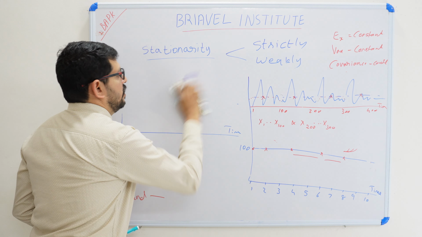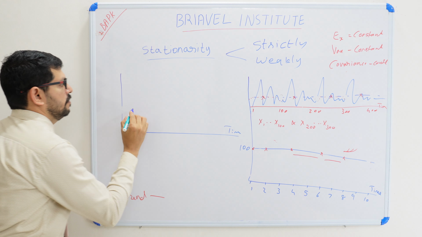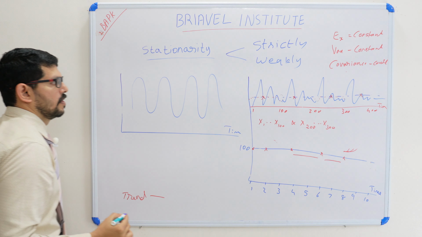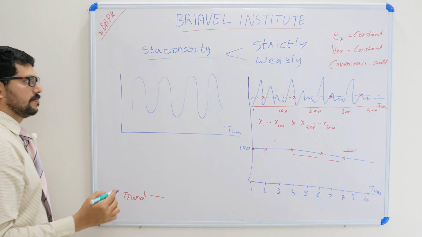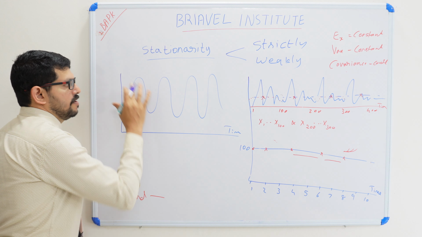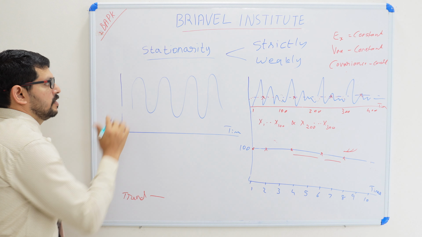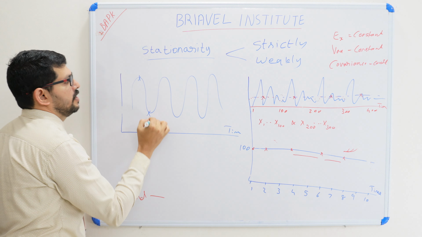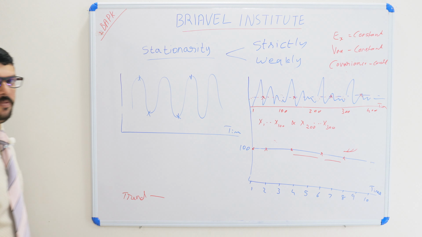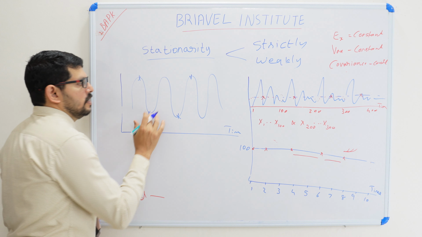And one more, other than trend: see the process, there is seasonality. If you compare this point and this point, and then this point to this point, they will have different statistical properties.